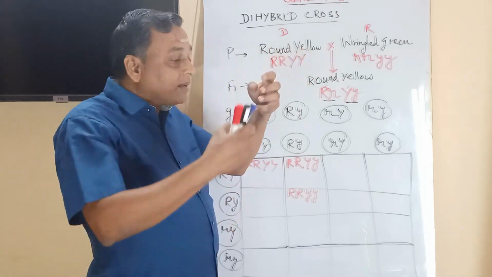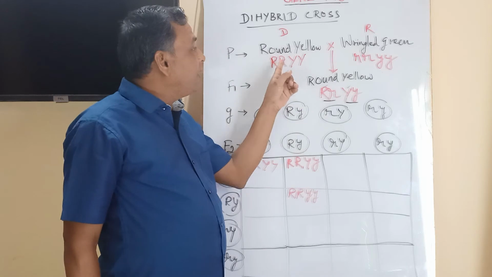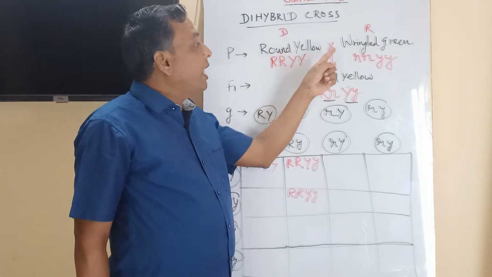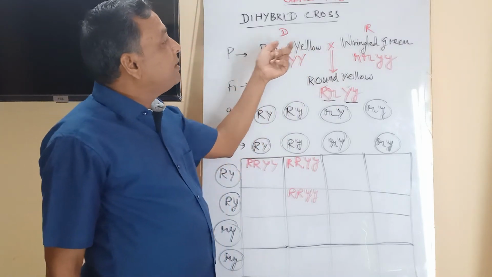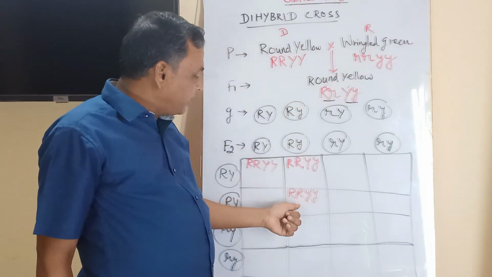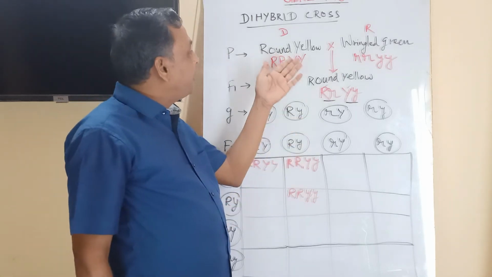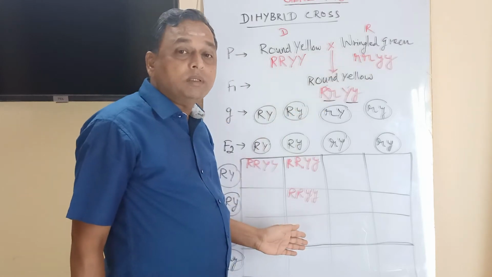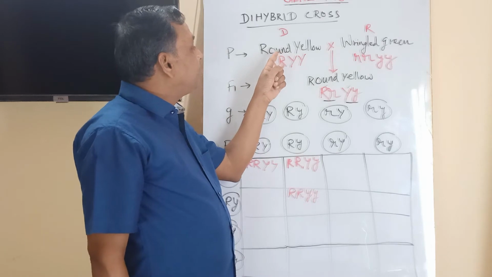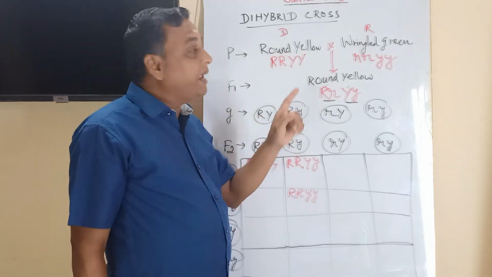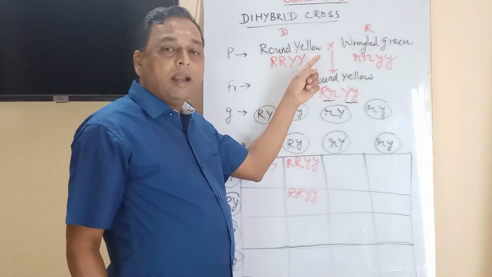The traits are separated. The round trait is separated. It is not always round with yellow. Likewise, wrinkled is not always with green. The round shape may join with the green color. That is what happened here. This is the segregation happening here: independent assortment. They segregated. What does that mean? The traits are not depending on each other. They are independent. Even though located together, they are independent and can separate.